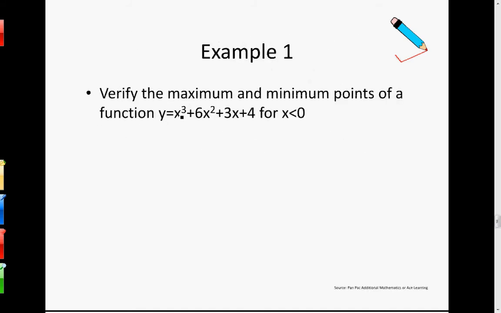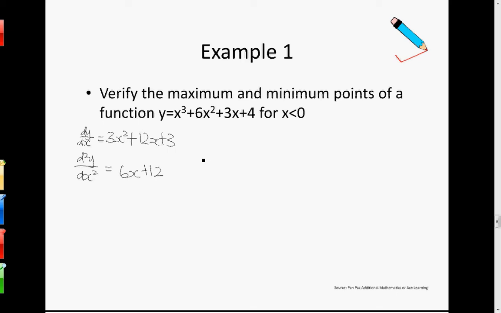Remember we did this same question using the first derivative test in the previous video. All we had to do is find dy/dx, which gives 3x squared plus 12x plus 3. Let us differentiate this again to find d2y/dx squared, which is 6x plus 12.